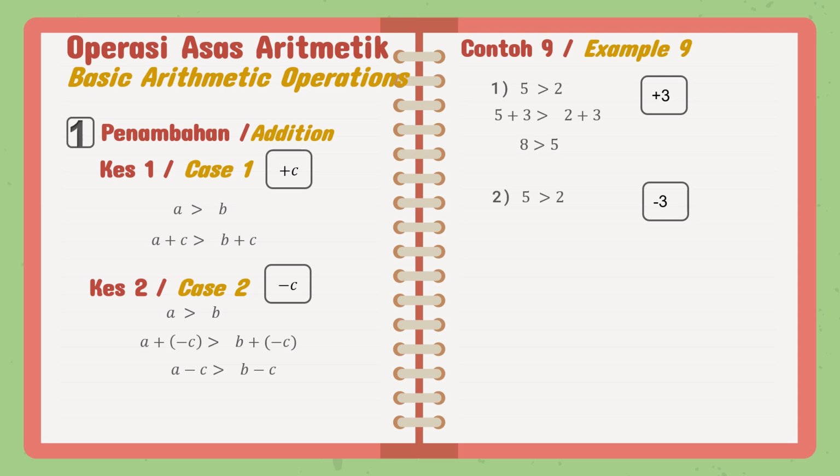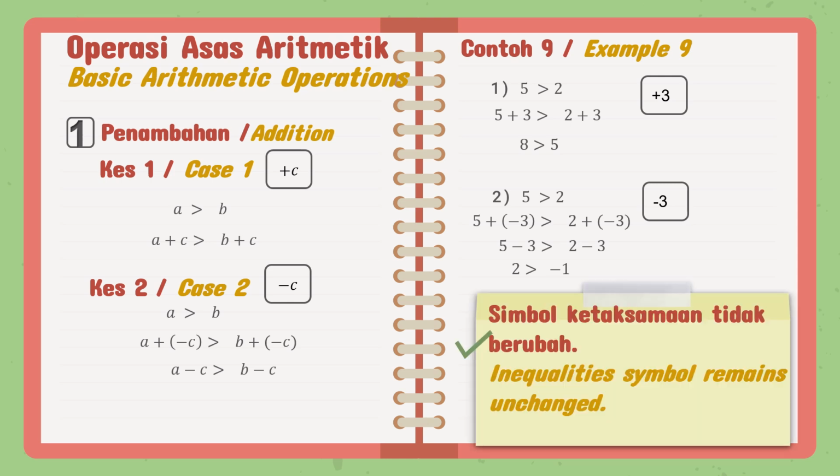Here you have 5 greater than 2, so you add negative 3 to both sides. So 5 plus minus becomes minus, and 2 plus minus becomes minus. So 5 minus 3, which is 2, is greater than 2 minus 3, which is negative 1. So we come to a conclusion that the inequality symbol remains unchanged.